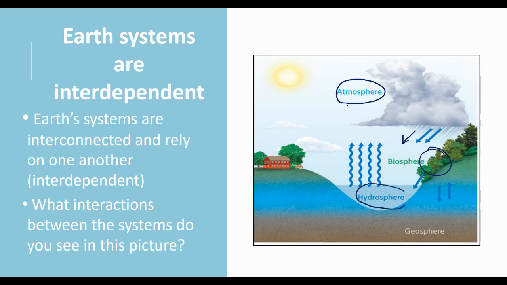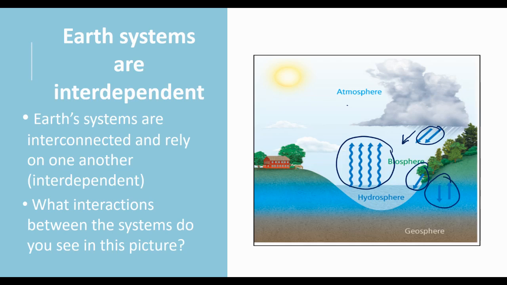The hydrosphere. And we also have the geosphere. So what interactions are you seeing in this photo? What are those arrows telling you? So take a moment to jot down some interactions.